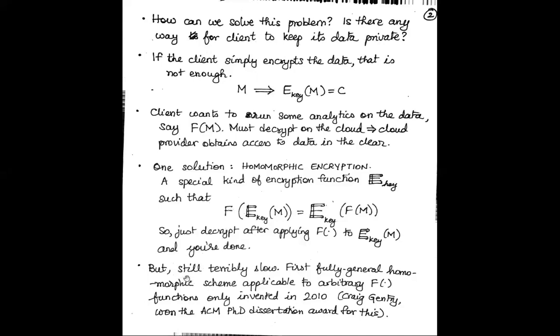But as of now, it's still terribly slow for most kinds of computations that people want to run in the real world, right? So people are working on it. There's a lot of progress every year on faster homomorphic algorithms for certain classes of computations, but as a general purpose tool, it remains rather impractical as of 2020.